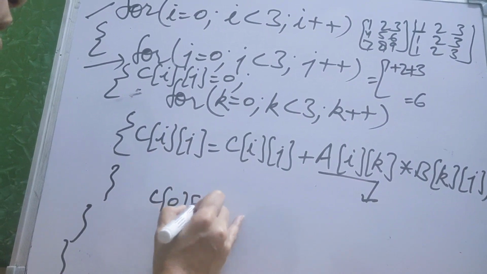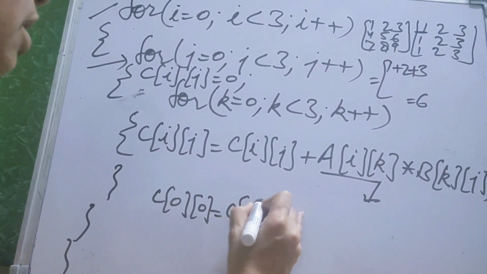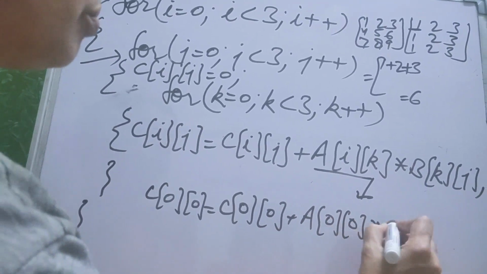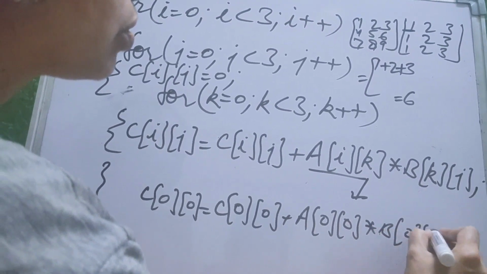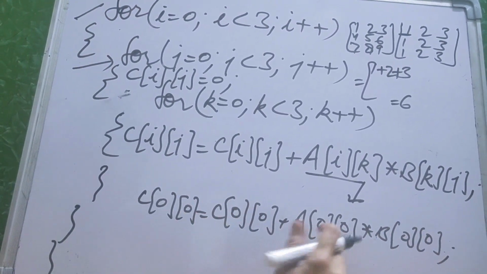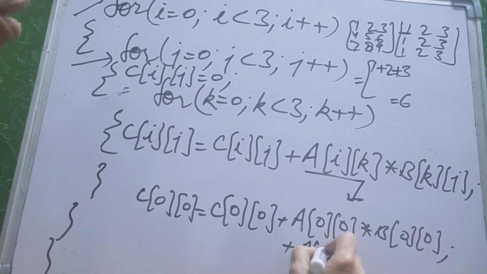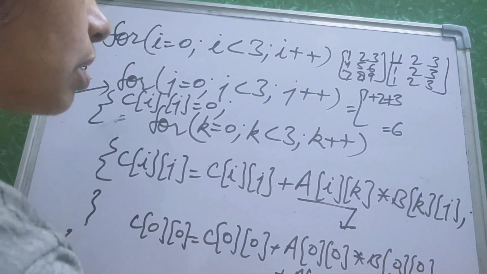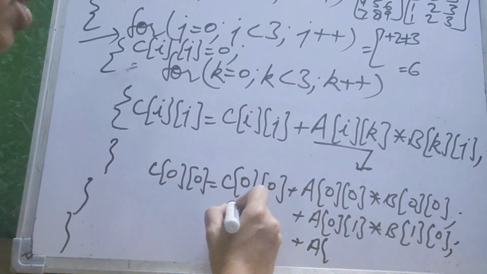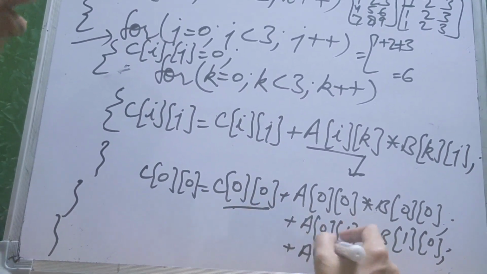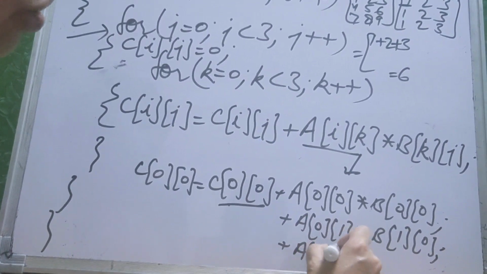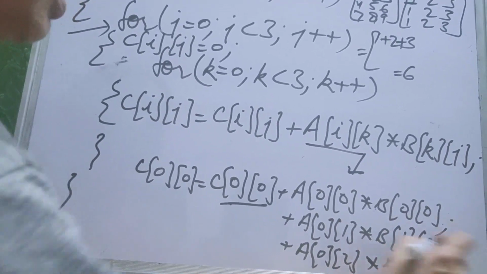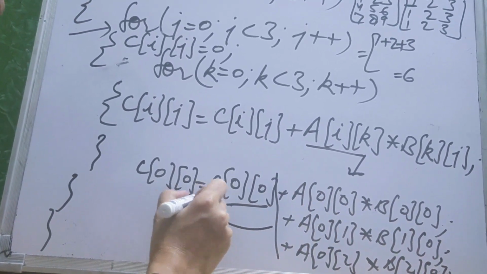C00 we have earlier discussed as C00 plus A00 into B00. Again addition of A01 into B10. Again A02 into B20. Addition of all three corresponds to C00.